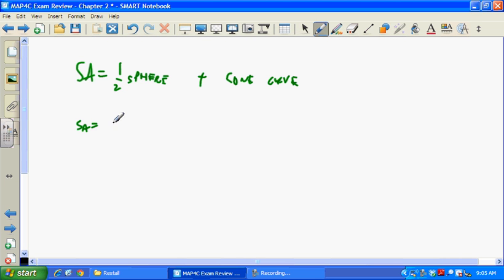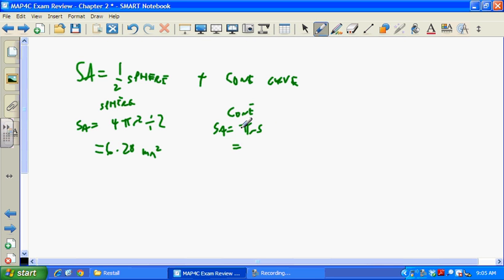Surface area of the sphere is, so this is for the sphere, it's 4 pi r squared, and then divide by 2 because it's only a half sphere, and see if I can get my numbers lined up on this one. And this is millimeters squared, and the cone curve part is going to be just the pi r s, right?